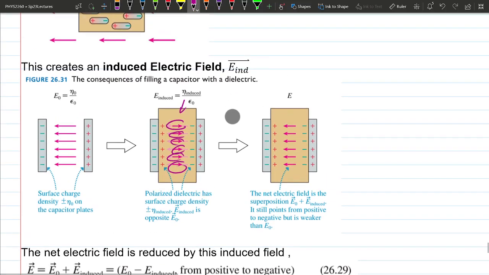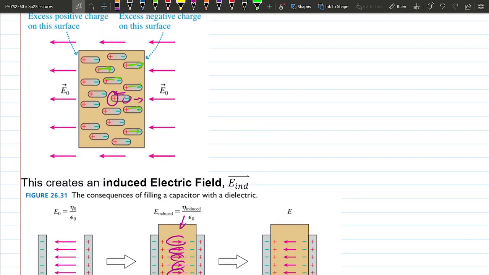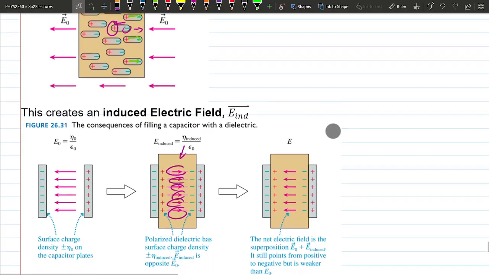Remember, electric field goes from the positive to the negative. These are like little tiny electric fields created by just polarizing the material itself. Electric field starts on the positive and ends on the negative, so it points in the opposite direction.